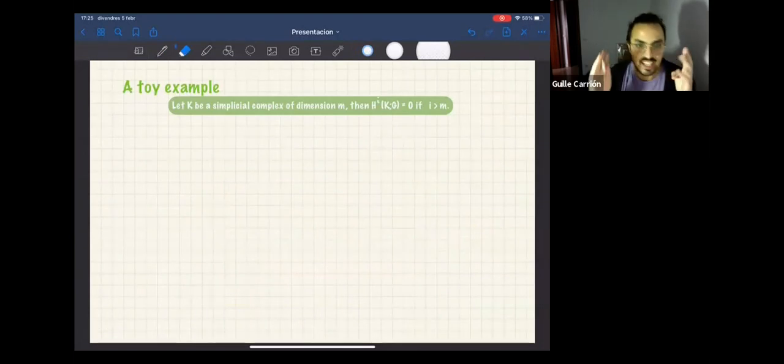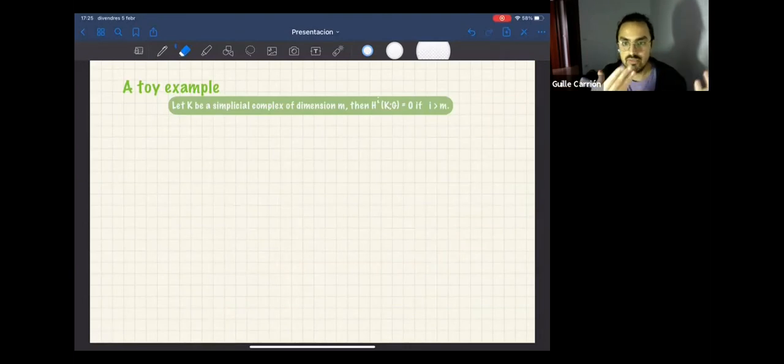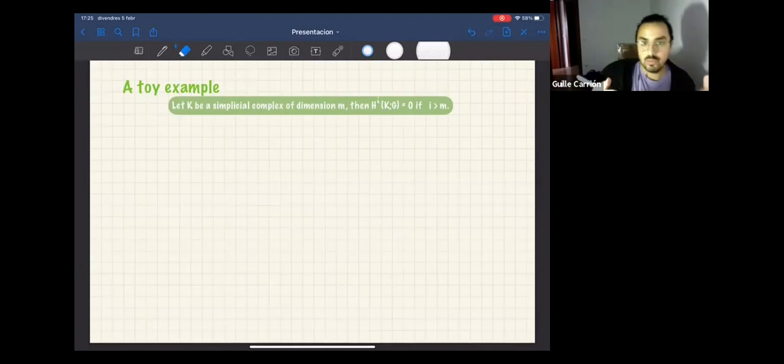The first one is this well-known result: if you have a simplicial complex of dimension m, then there are no cohomology groups if i is greater than m. And we want to prove this using the previous result.